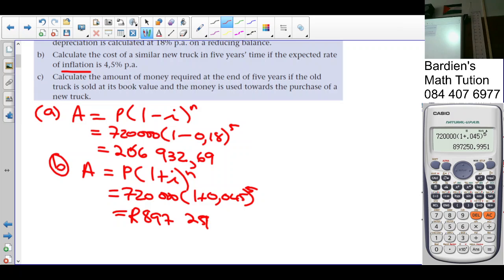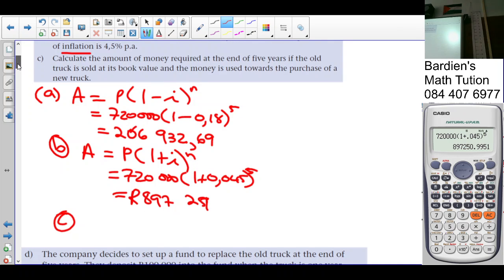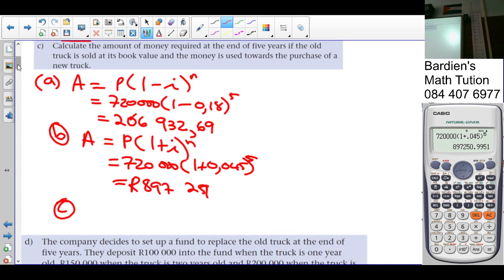Then in C, the question says, calculate the amount of money required at the end of 5 years if the old truck is sold at its book value. What's the book value? That amount there. And sold.